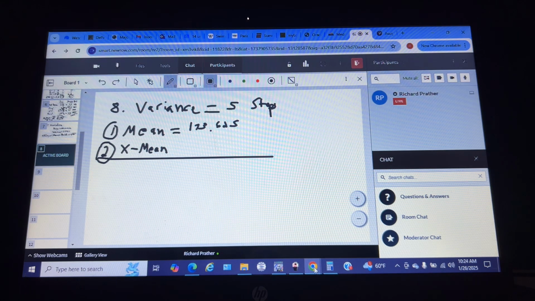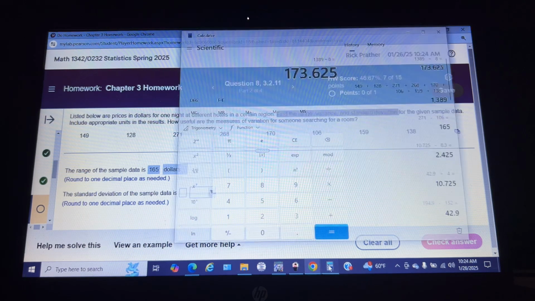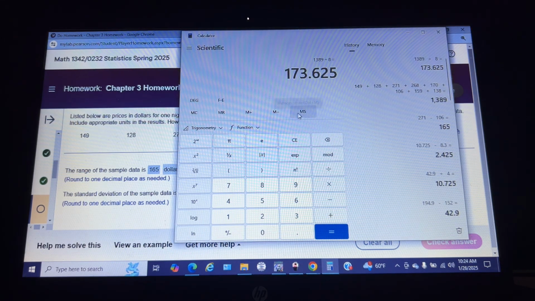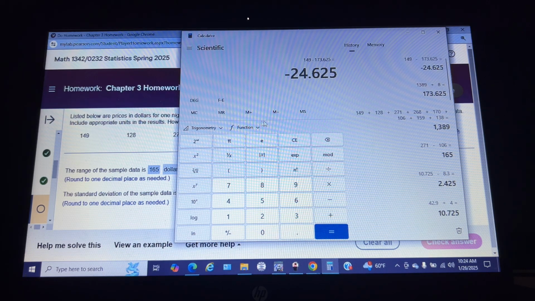So the first number is, and here's what I'm going to do. I'm going to store this mean in memory, since it's not easy to remember. Take 149, that's the first number. 149 minus memory recall, and then press equals.